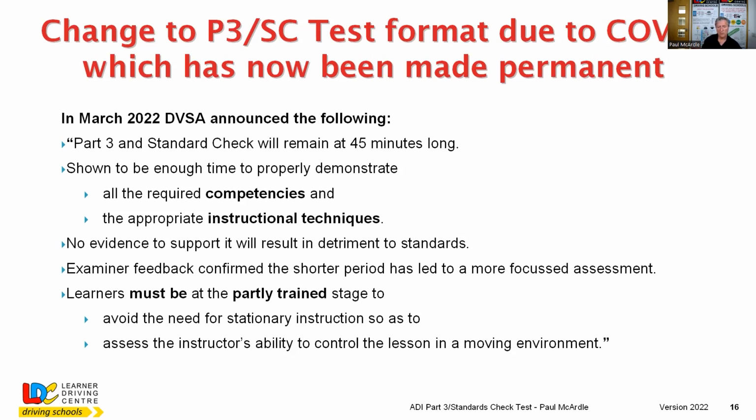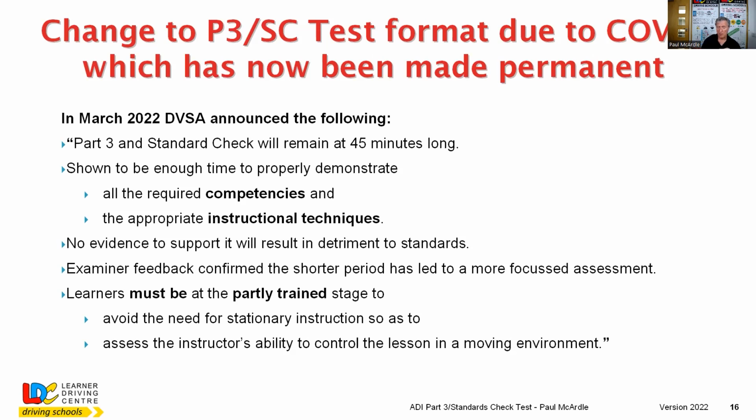which is interesting because obviously the main reason for the DVSA being established was to make sure that only people who were safe to give driving tuition were allowed on public roads. And so their first objective is safety. So they realized that by concentrating on the moving bit, it was focusing on the aspect of an instructor's performance that was particularly important, a priority to them. And learners must be at a partly trained stage.